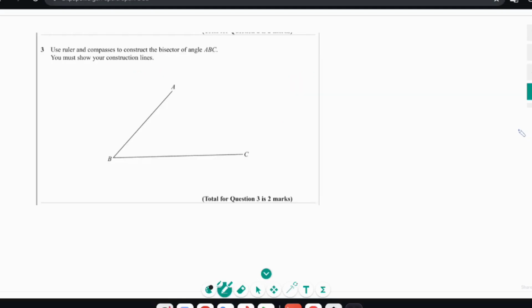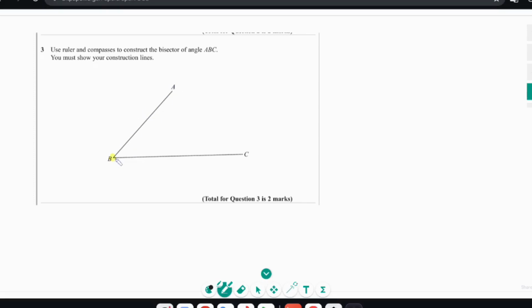Question 3. Use ruler and compasses to construct the bisector of angle ABC. You must show your construction lines. So we need an angle bisector. It's difficult for me to show you this because I don't have an online compass, so I'll explain what to do. You put the point of your compass at B and open it up. It doesn't matter how far along the line you open it, but once you've opened it, do not move it.